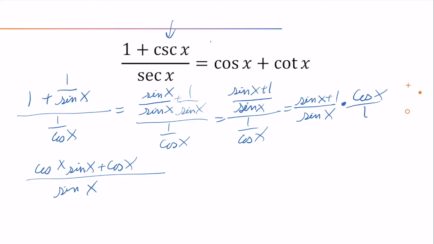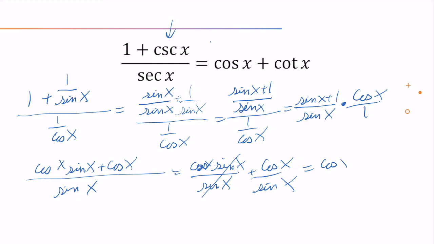We're going to rewrite these and pull these fractions apart. So I have cosine x sine x over sine of x plus cosine x over sine of x. You can see these sine of x's are going to cancel, so I'm left with cosine of x, and cosine x over sine of x is cotangent of x. And that's how I got to my final answer.